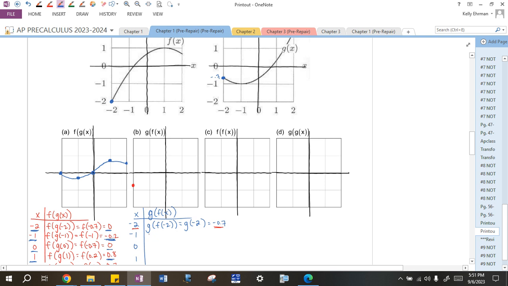And my next one, g of f of -1. So that's g of, what's f of -1? Let's see. f of -1 is here. And so then, what are we going to call that? Maybe we'll call that -0.2.